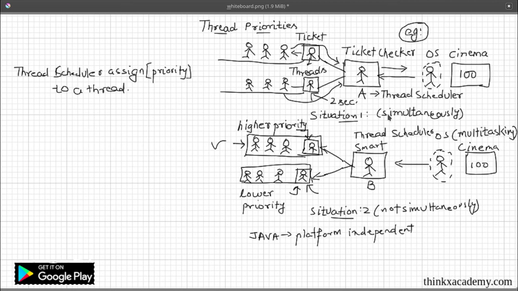In the first case, since both of these were running at the same time, both were assigned the same priority. So I'm going to write here, in situation 1, both the threads have the same priority.